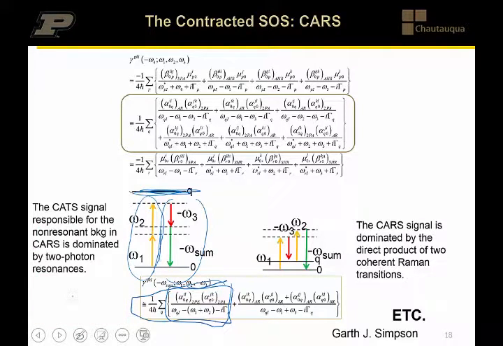If Q is vibrationally resonant, then where you've got a Raman transition from 0 back to Q, and then Q back to 0 again, that looks like this term right here, where you have a resonance enhancement at the difference frequency, if we put a minus sign in there, between omega 1 and omega 3, and the real transition between the ground state, your initial state, and Q, the excited vibrational state in this case. So just by looking at these energy level diagrams, it's pretty easy to write down what each of these terms necessarily has to be in terms of what's in the numerator and what's in the denominator.